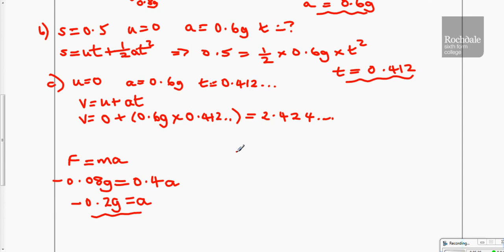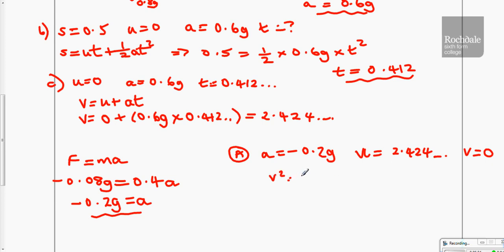So for particle A in this second phase of motion, the acceleration is negative. We know that it's initially travelling at u equals 2.424. That's the final speed when B hit the ground. That's the speed that A is travelling at the beginning of this second phase of motion. And we know that we want it to come to rest. So what distance has it gone?